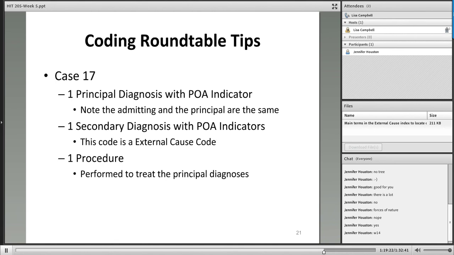Now, oh, I want to mention something. You notice by tree, so main term, fall or falling, and go down to the end of that list, you should see tree W20.8.